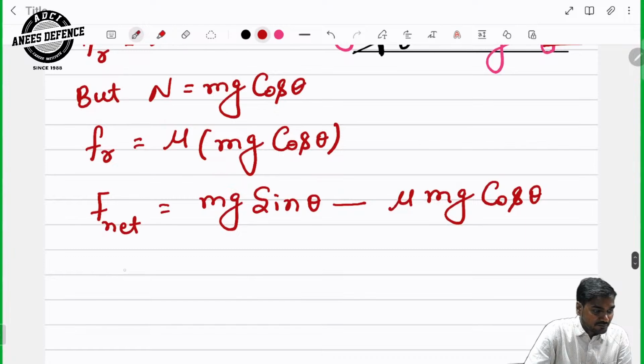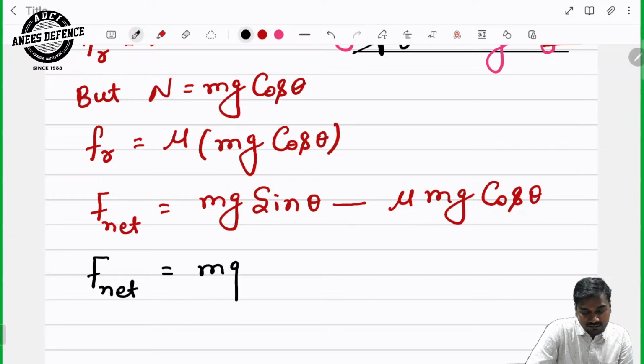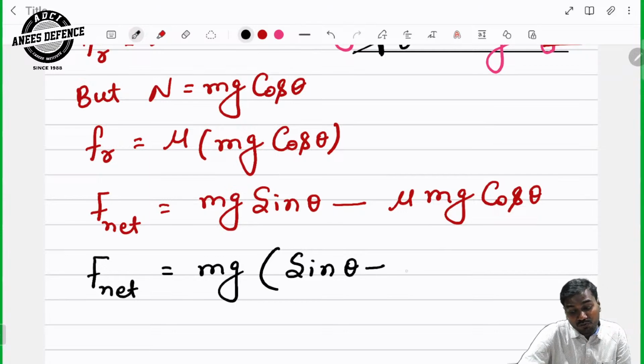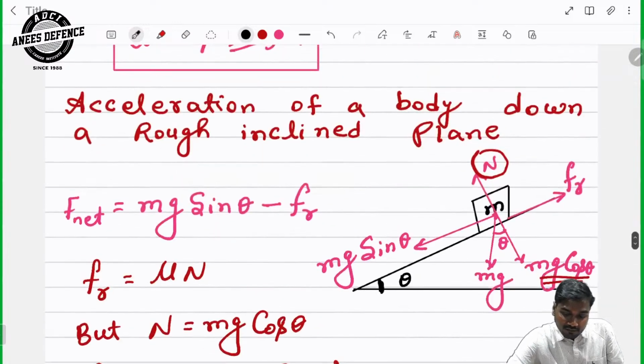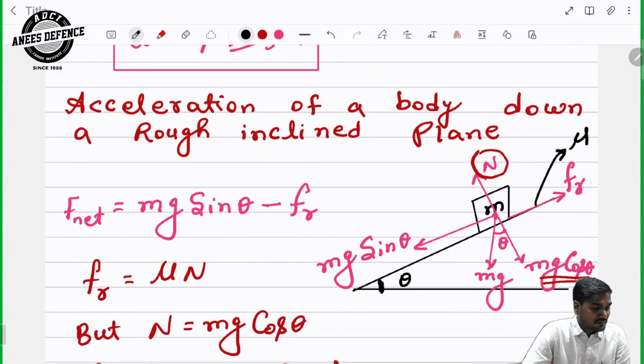Take mg common. So you can write mg, sin theta minus mu cos theta, not only cos theta. Mu is the coefficient of friction.